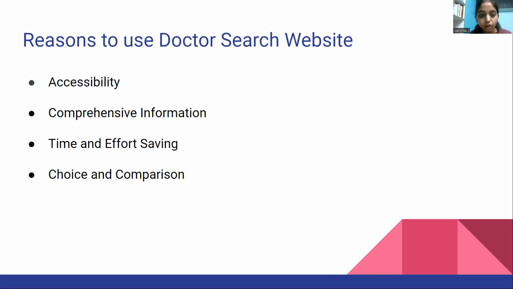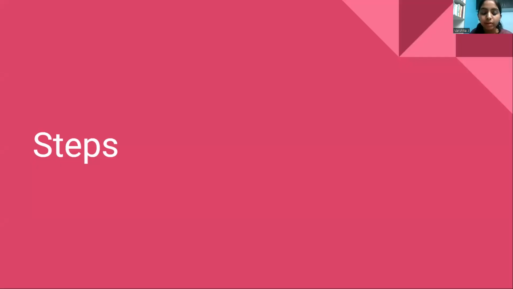You may end up calling multiple clinics, finding out information about the doctor, or you have to rely on word of mouth recommendations. So the website is more reliable. Choice and comparison: a Doctor Search website provides us a choice and we can compare among the various doctors based on our needs.